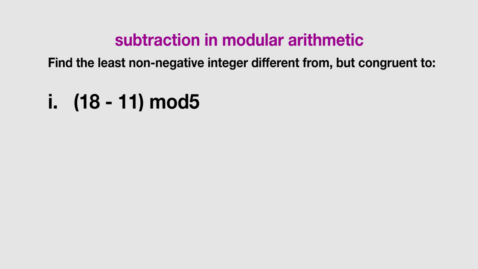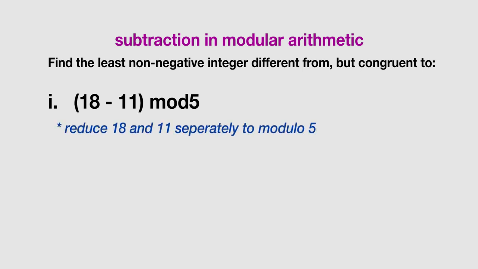So question 1, which says 18 minus 11 mod 5. What do we do? We reduce the 18 and reduce the 11, both of them in mod 5, but separately. Reducing each number separately, 18 mod 5 gives us 3, which we get by dividing 18 by 5 and taking the remainder.